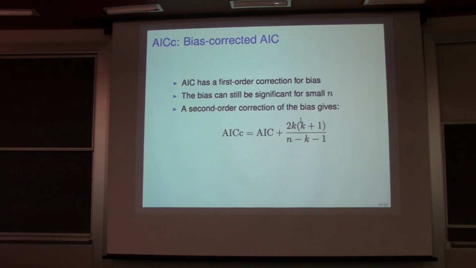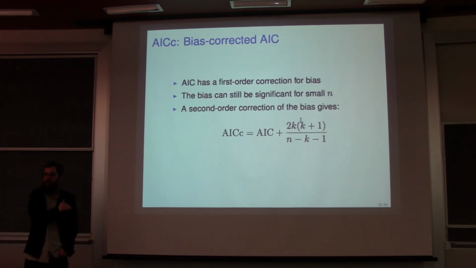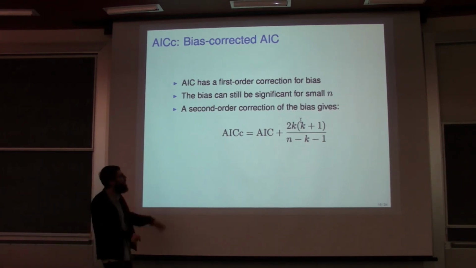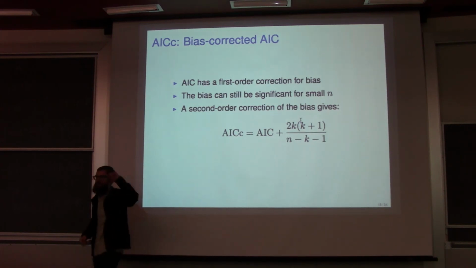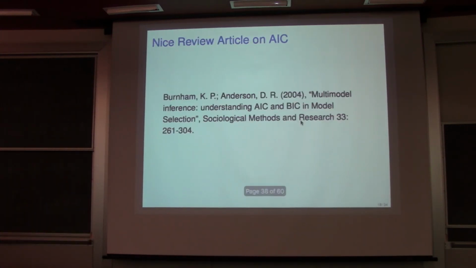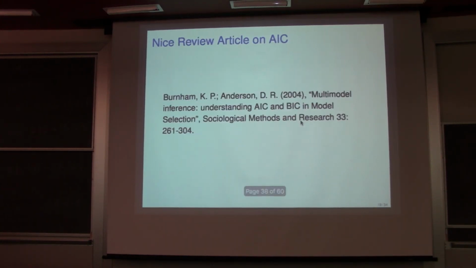It's biased, which doesn't make too much of a difference unless you have a very small sample size. If you have a small sample size, you can do a second order correction of the bias. That's the bias corrected AIC. If you want to know more about all this stuff, read this paper. It's a good one. You can also read Akaike's original paper, but this one's probably a little bit more digestible.